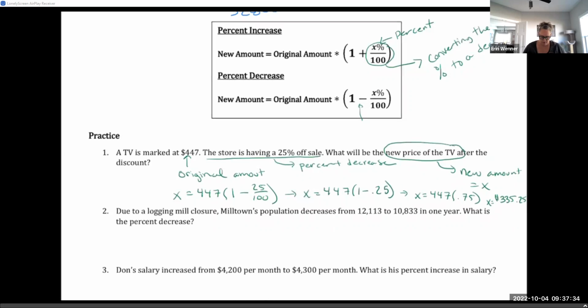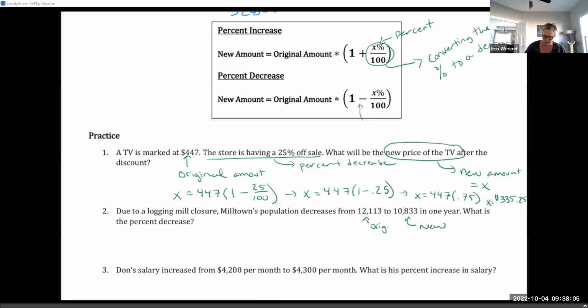Okay, so number 2 says, due to a logging mill closure, Milltown's population decreased from 12,113 to 10,833 in 1 year. What is the percent decrease? So when we think about this, we went down, which means the 12,113 is our starting amount or original amount, and the 10,833 is the new amount.